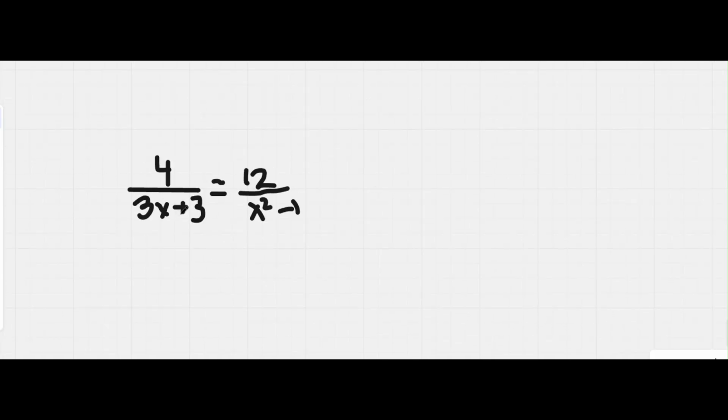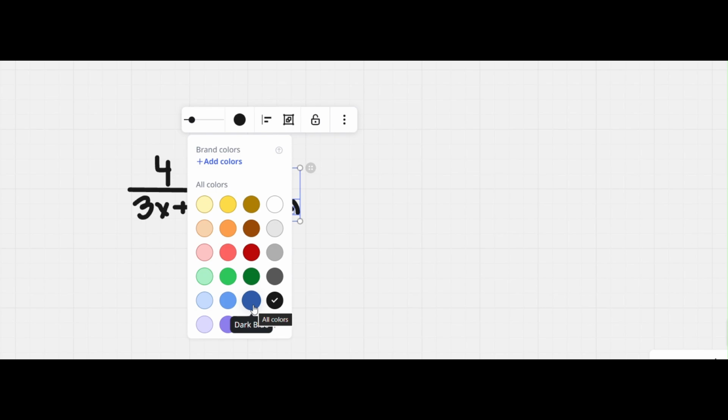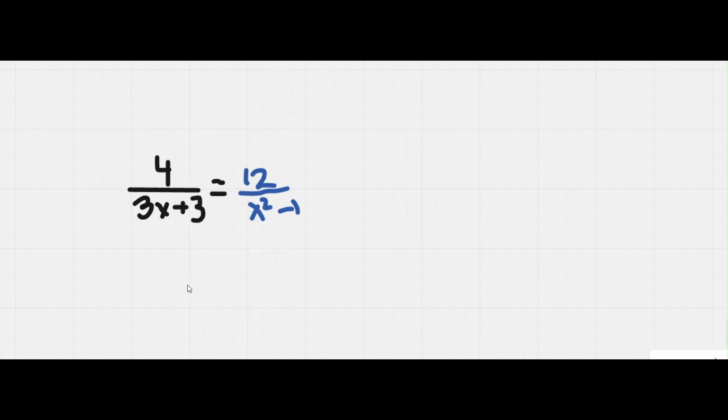4 over 3x plus 3 equals 12 over x squared minus 1. So I'm going to change this color here. Make that dark blue. Now here we have a difference of squares.